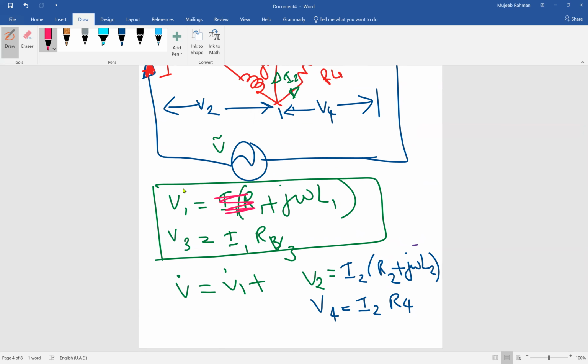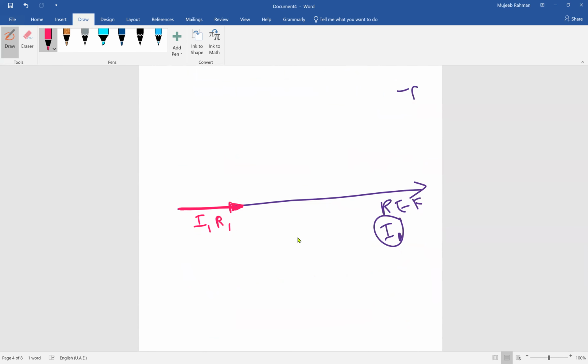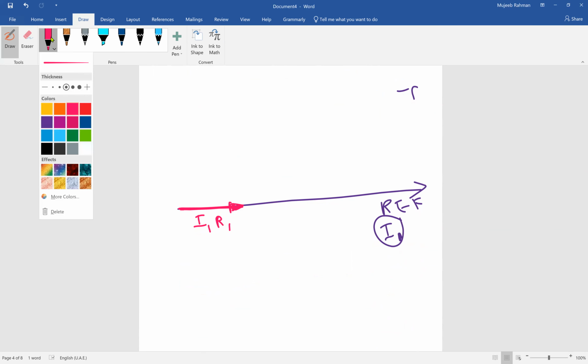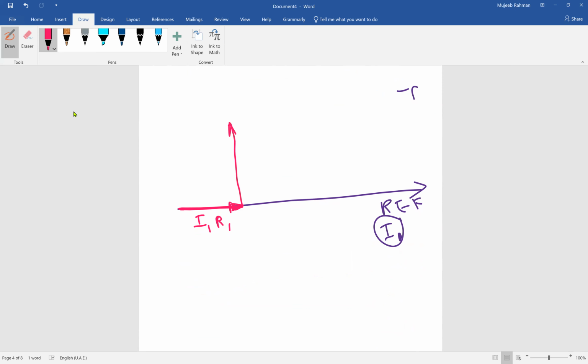I1 R1. Then we need I1 into j omega L1. You know that R1 and the inductance have a 90-degree phase difference. So that phase difference is going to be 90 degrees. You can just mark this one something like this. So this is going to be j I1 into omega L1.